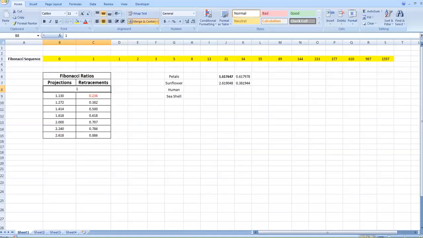Now, guys, I would like to tell you that this Fibonacci sequence also exists in nature. It is very, very important because Fibonacci is based on natural laws. The petals of flowers are in Fibonacci ratios, if you observe. Sunflower seeds are in Fibonacci ratios. The bones in our hands are in the Fibonacci sequence.